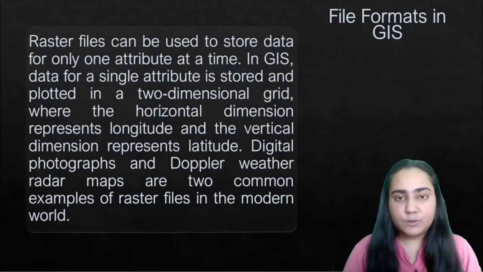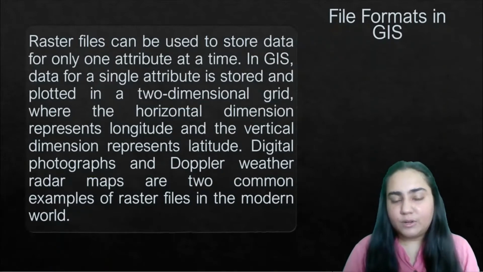Raster files can be used to store data for only one attribute at a time. In GIS, data for a single attribute is stored and plotted in a two-dimensional grid where the horizontal dimension represents longitude and the vertical dimension represents latitude. So you cannot store multiple attributes at the same time for the same kind of data. What you have to do is store one attribute at a time.